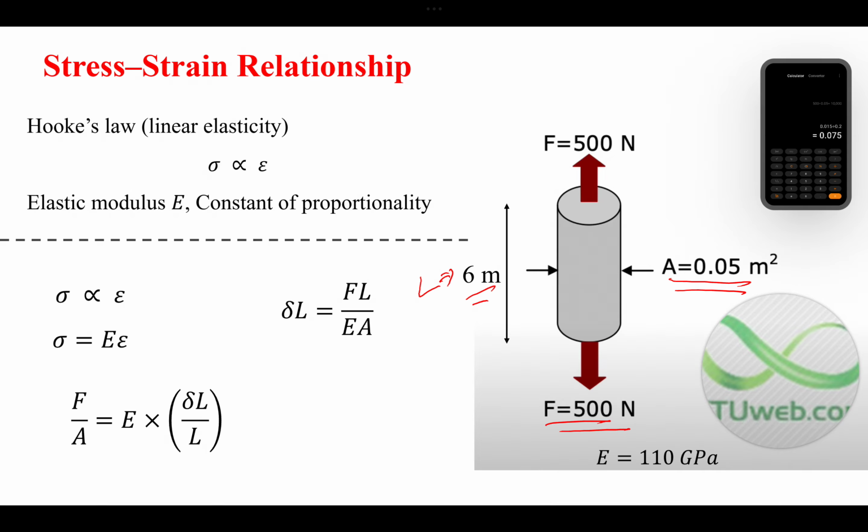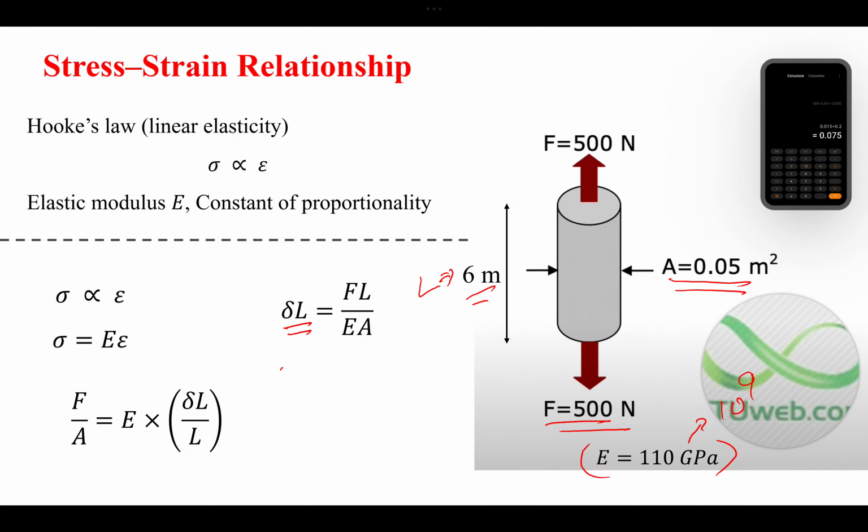You have 500 Newton force applied, and it's also stated that your elastic modulus is 110 GPa. GPa is gigapascal, 10 raised to the power 9. The question says, what will be the change in length produced. So we have to calculate the change in length produced in the body under these conditions.